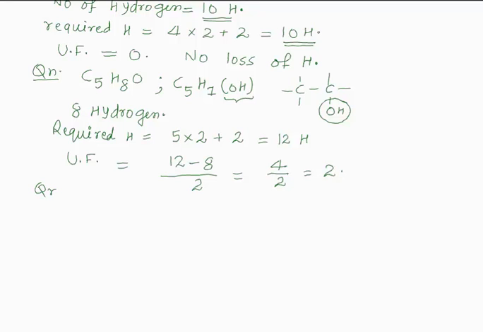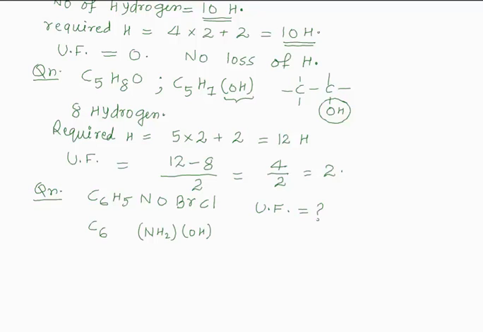Now let us try this problem. This is a slightly difficult one. So we have the compound C6H5NOBrCl, and the aim is again the same: we have to find the unsaturation factor. We will try to write this compound as C6, and we can club 2 hydrogen with nitrogen and 1 hydrogen with oxygen.